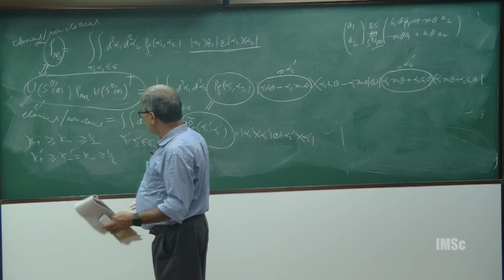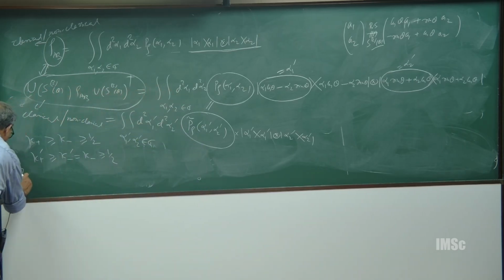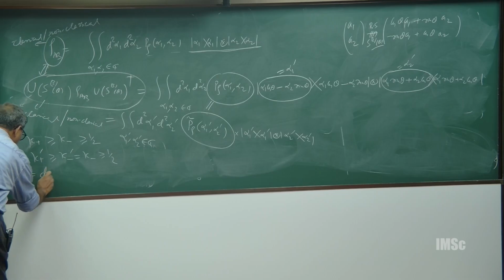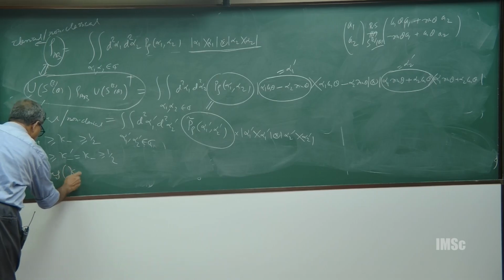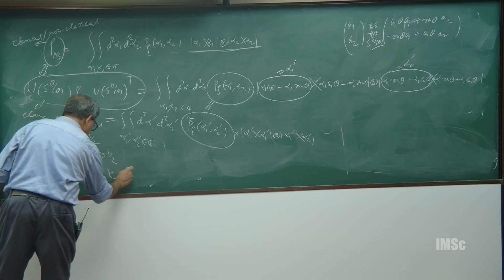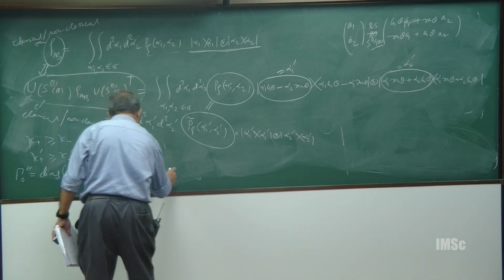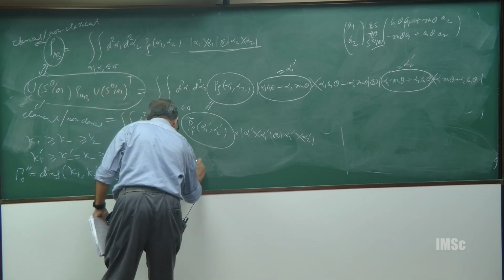So, what you have now is that your gamma 0 double prime, which is equal to diagonal kappa plus prime, kappa minus prime, is greater than or equal to diagonal of half.